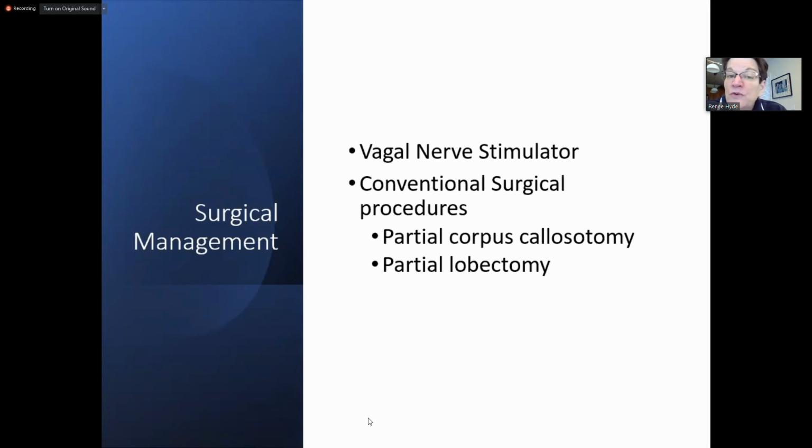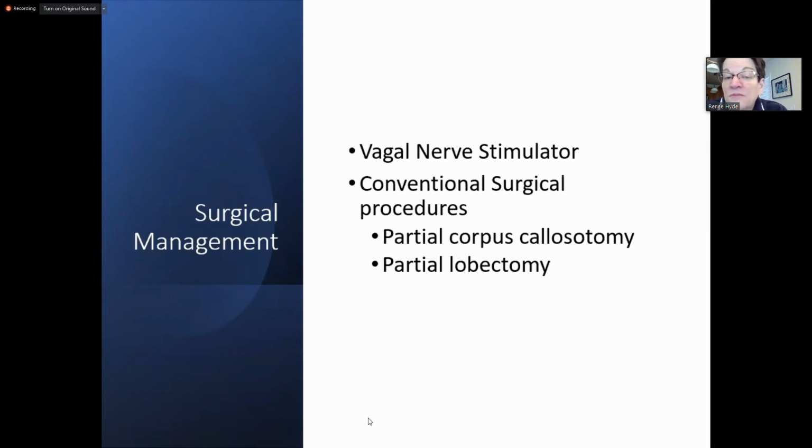Sometimes they will do vagal nerve stimulators, where they will implant a device that stimulates the vagus nerve to try to decrease the incidence of seizures. It's more of a palliative measure for patients that have those severe seizure disorders.